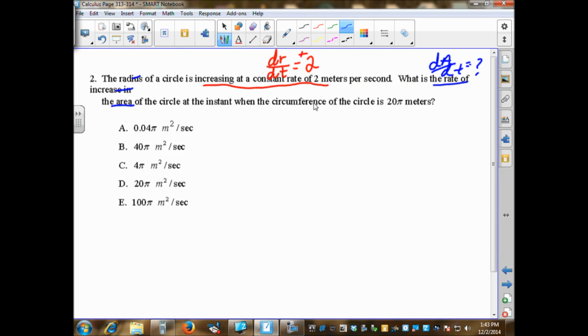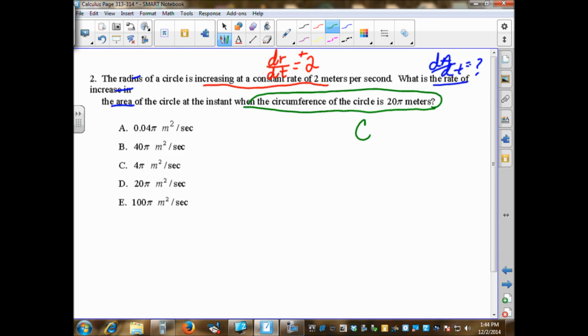Okay, at the instant when the circumference is 20 pi meters. Now, one thing I noticed is they did not tell us anything about the radius. And I know I'm going to need that. So I wonder why they gave us this little tidbit here.